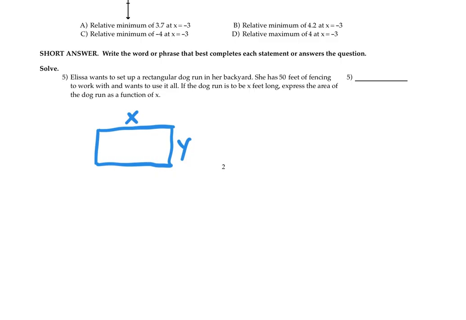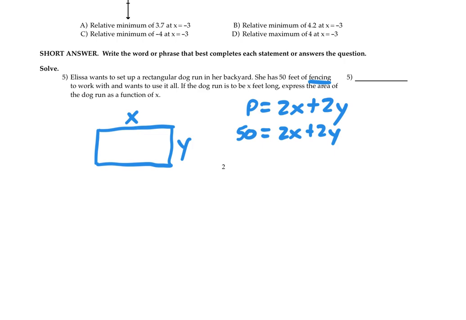They give me 2 things. When it talks about fencing, what does fencing represent? Perimeter, right? And so in this case, my perimeter would be 2x plus 2y. And we know the perimeter is 50 feet because I have 50 feet of fencing that I can use.